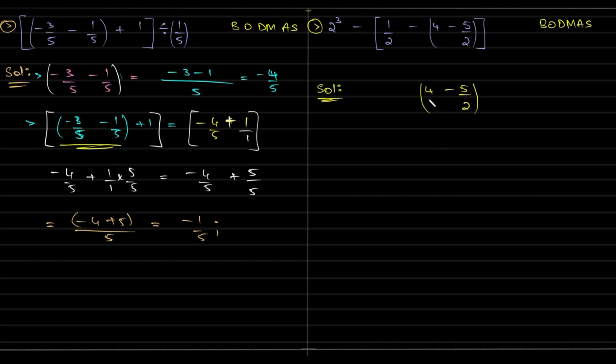For that we need to find the LCM between 1 and 2, as we need to make these like fractions. So LCM between 1 and 2 is 2. So I'm going to multiply and divide with 2. So we have 8 by 2 minus 5 by 2. We made it like fractions. Now we just write the numerator divided by the denominator, and the difference is 3 by 2.